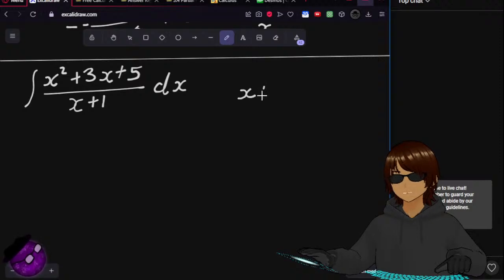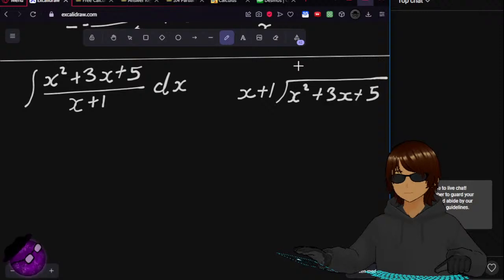I can use long division here. So we multiply by x, we get x squared plus x.